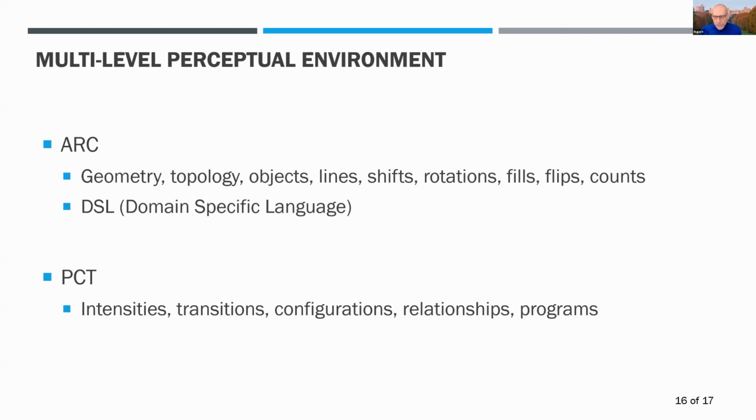But it seems to me that all these elements, objects, lines, etc., should correspond to PCT levels: intensities, transitions, relationships, etc. So it may be possible to evolve PCT systems for these lower levels, and then combine them into systems with higher levels to provide an overall solution.